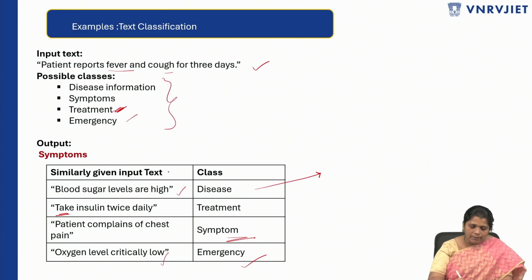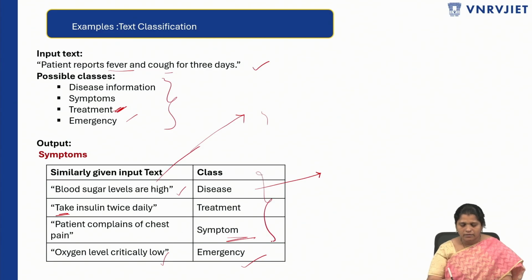So if my possible input text is like these scenarios, my text classification task is to assign the appropriate class label to the given input text. Of course, now I am doing it manually, but we want our NLP or ML model to do this automatic categorization, assigning class labels to the given input text.